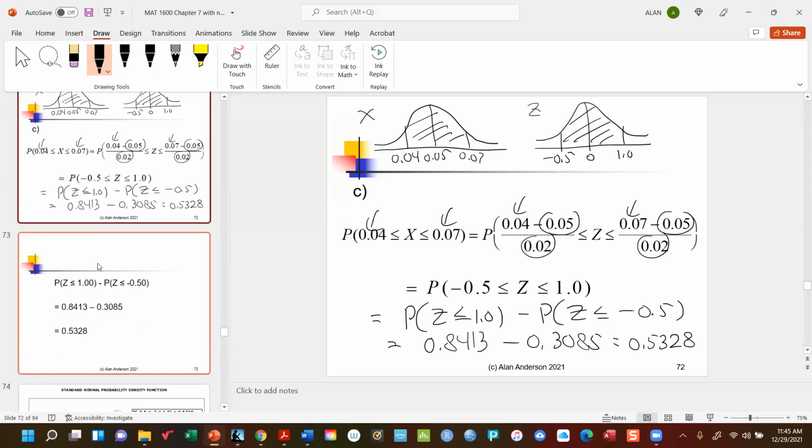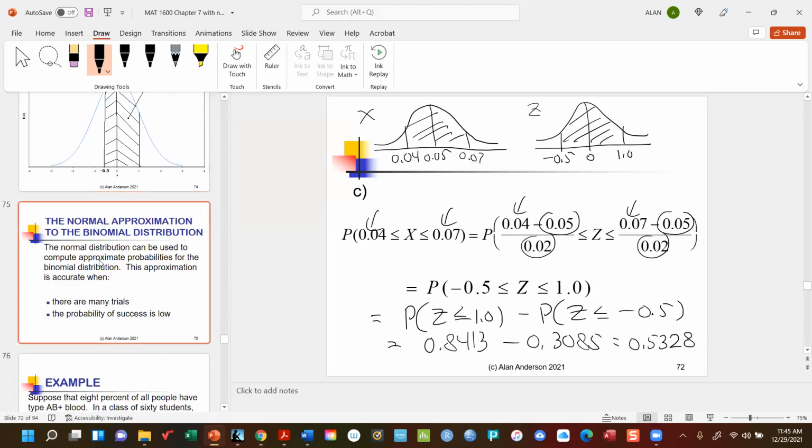So those are the three cases. And so now we're going to introduce a very interesting application of the normal distribution here.